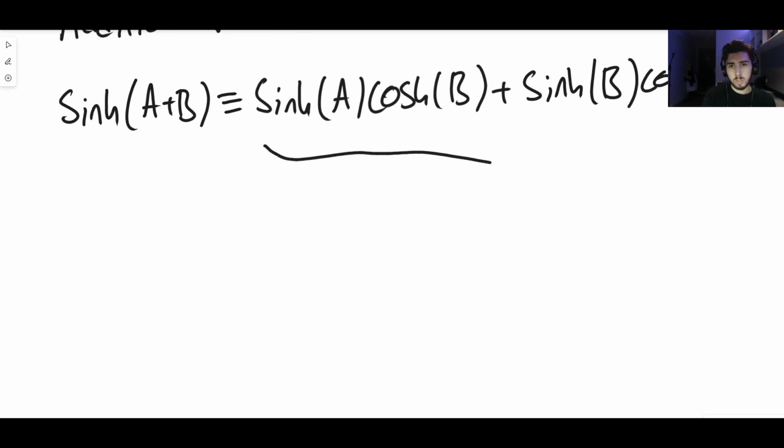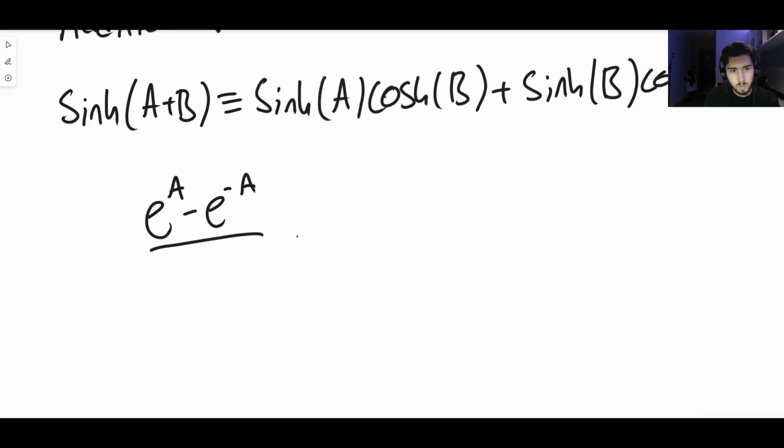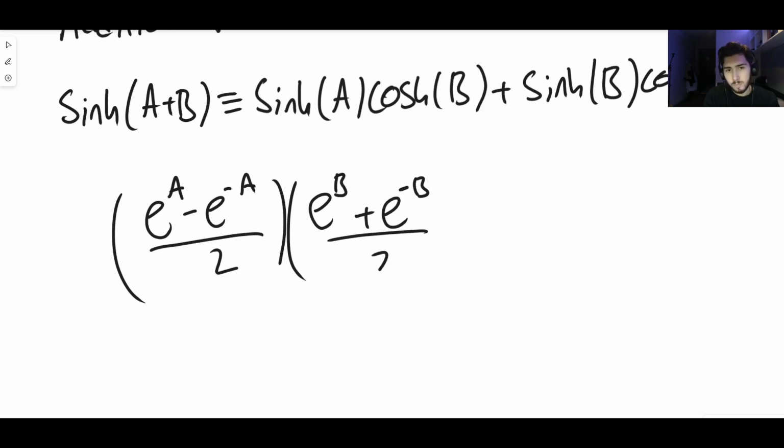Let's start off this time with the right-hand side, and let's try and rearrange to get to the left-hand side. So if we use the right-hand side, sine a cos b, this gives us (e to the a minus e to the minus a) over 2. That's the sine a, multiplied by cos b, which is (e to the b plus e to the minus b) over 2.